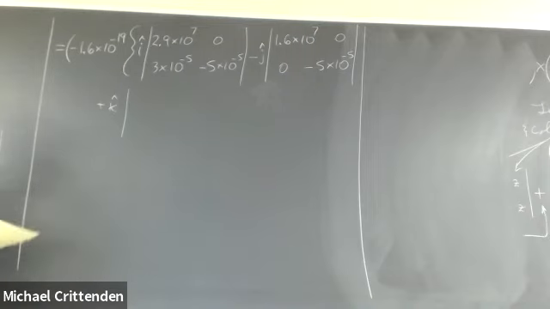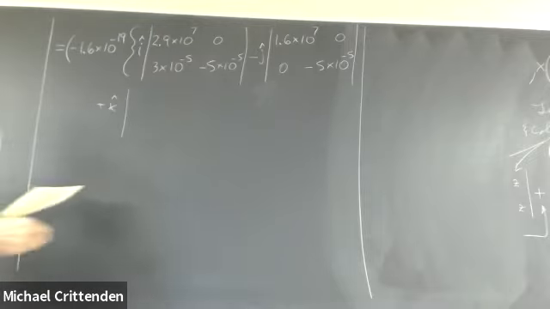And for the z component, leave out the row and the column containing k.